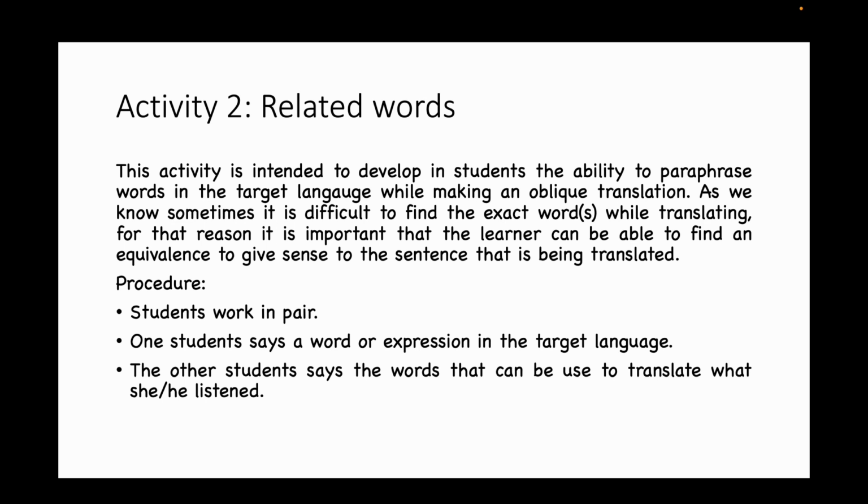For example, I said piece of cake: facilito, no complicado, fácil, you see? And then the other student has to say another word or expression in the target language, in this case English, and his or her classmate has to say the word translated to Spanish.